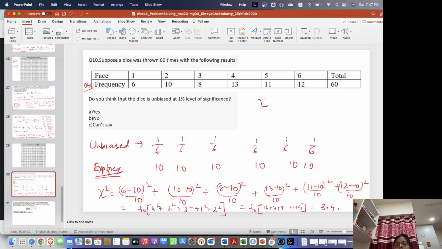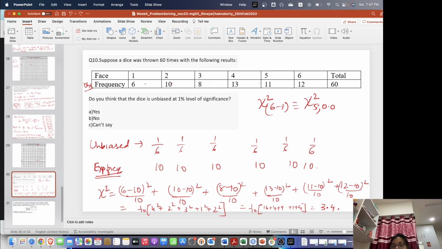And we'll take chi-square. How many categories are here? 1, 2, 3, 4, 5, 6. So the degrees of freedom will be 6 minus 1. Oh, at 1% level of significance they have said.